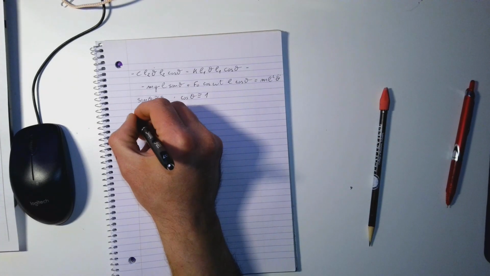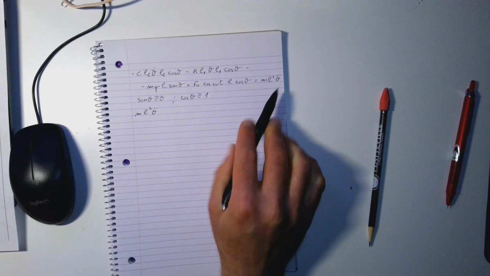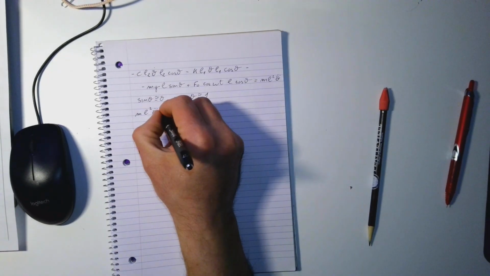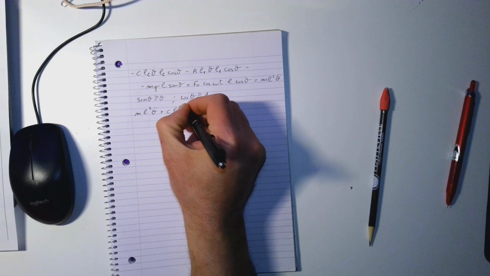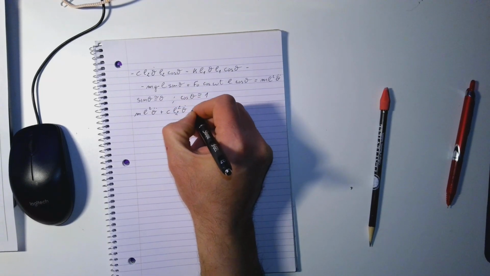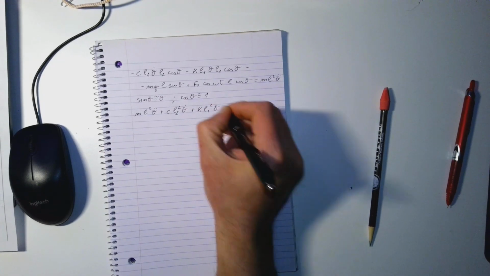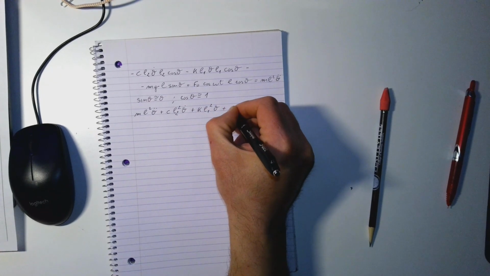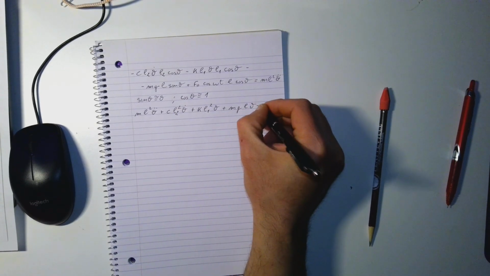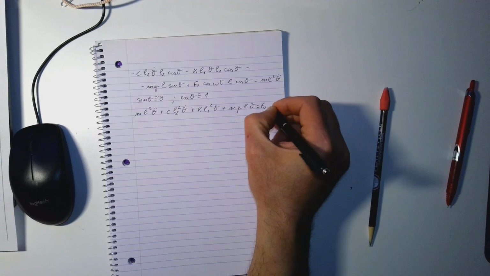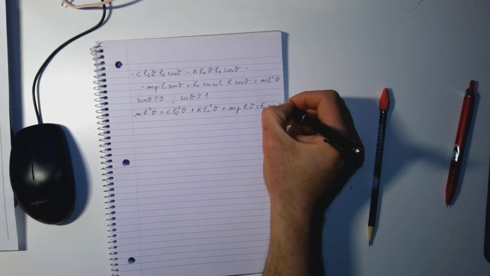We have m L squared theta double dot, plus c L2 squared theta dot, plus k L1 squared theta, plus mgL theta, equal to F0 cosine of omega t times L.